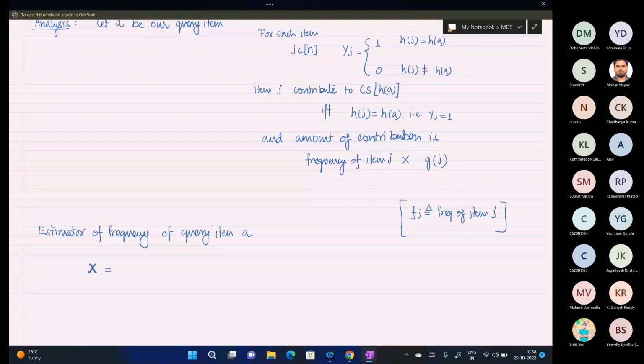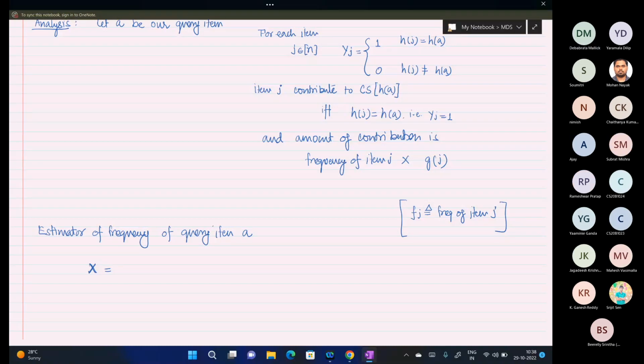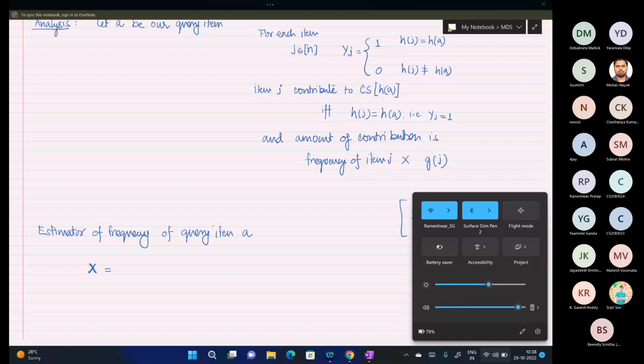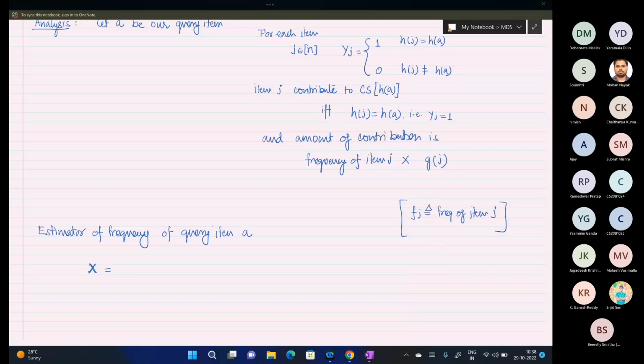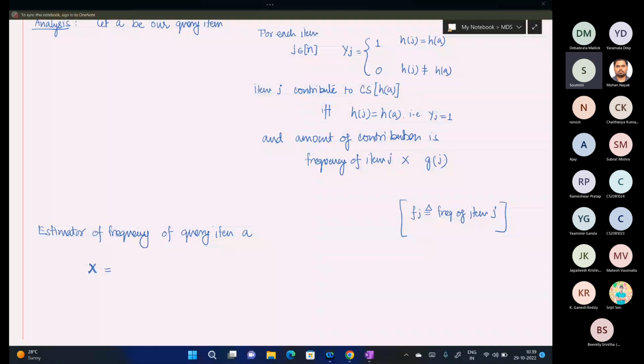Any idea? Is it expectation of summation of y of j? Right now we want to write our estimator in the form of a random variable. We'll take its expectation later on.